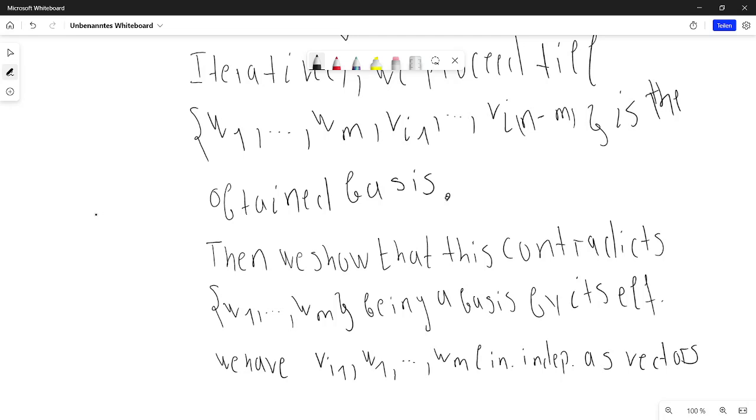Let's call it B, W theorem, vectors basis and basis B, W theorem.